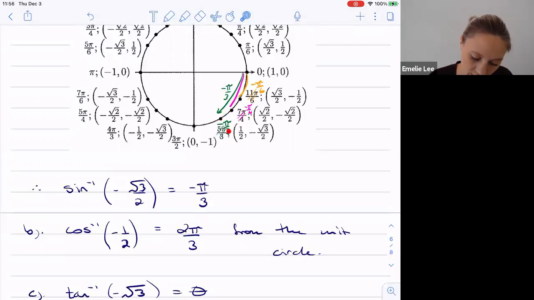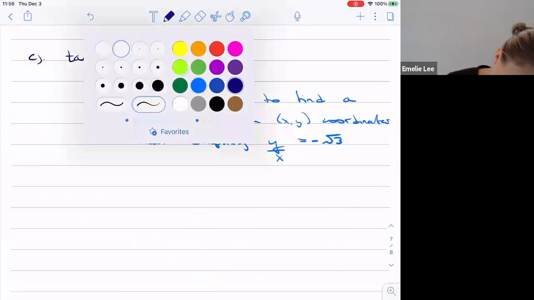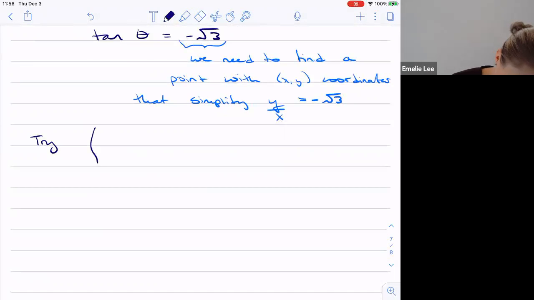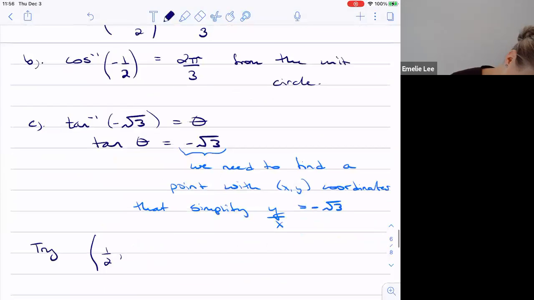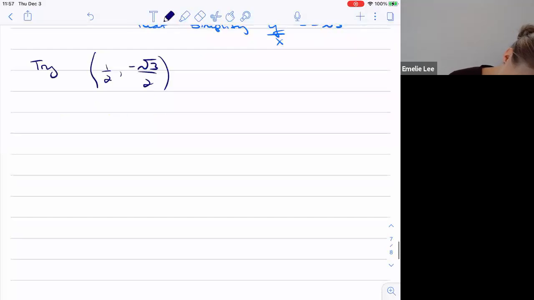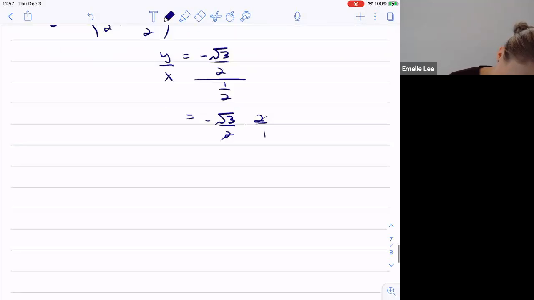If I let theta be -π/3, we try 1/2, -√3/2, then y over x is going to be -√3/2 divided by 1/2, which is -√3/2 times 2/1, which cancels.